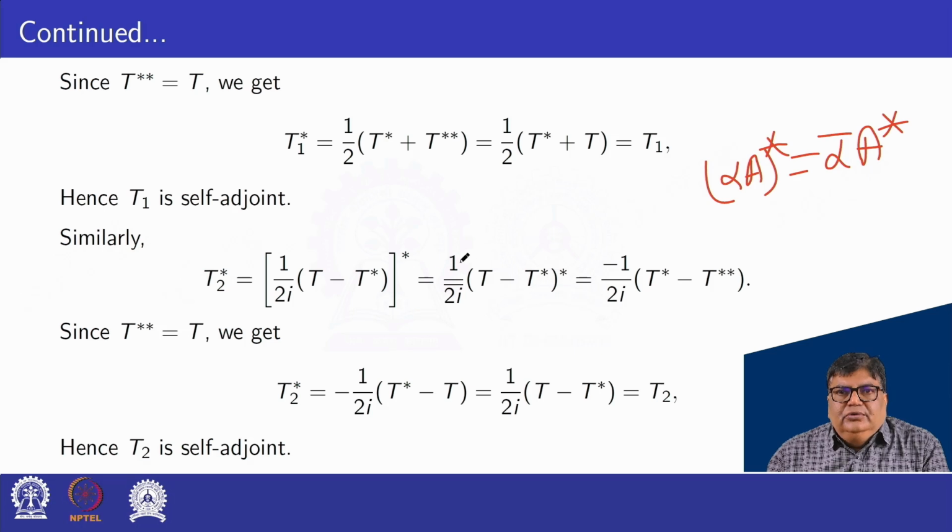So 1 upon 2i as alpha, that is scalar, so 1 upon 2i bar here, and this one is star of (T minus T star).